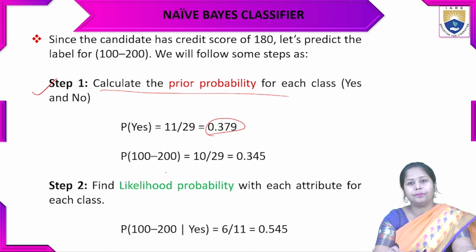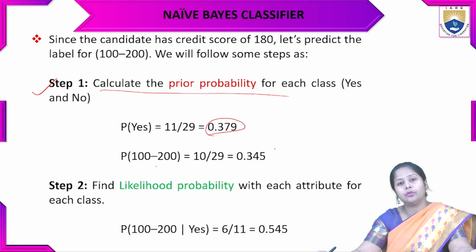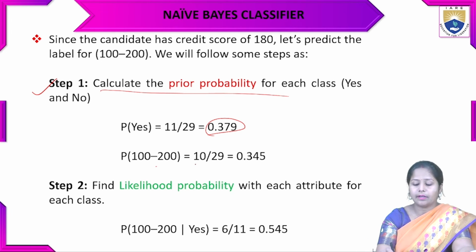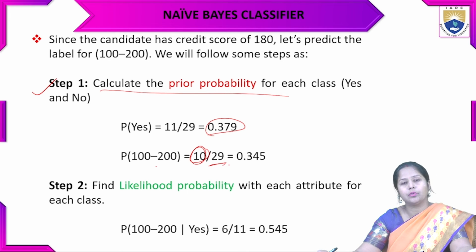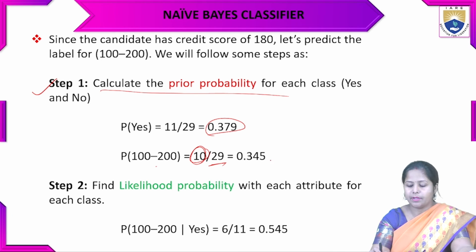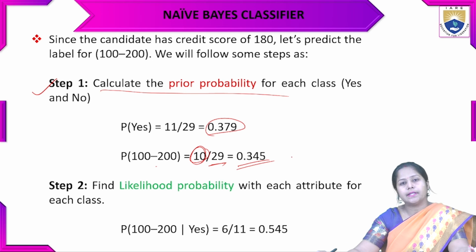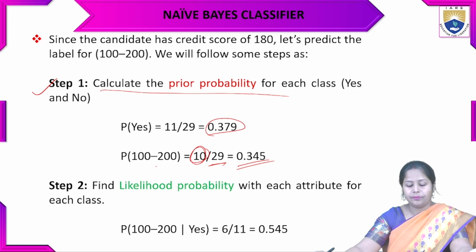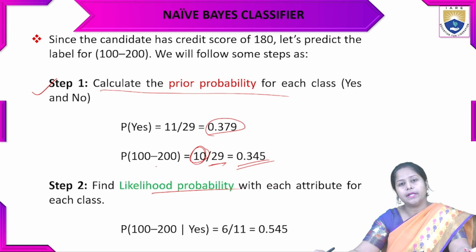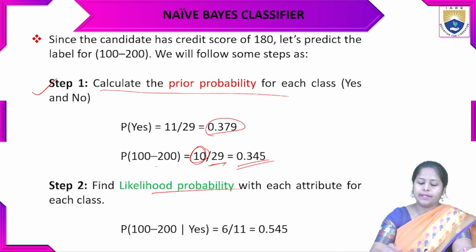Now we have to get the P of 180. Here P of 100 to 200 will be 10 divided by 29 total, and that comes as 0.345. In the second step, we have to calculate the likelihood probability for each attribute for each class.